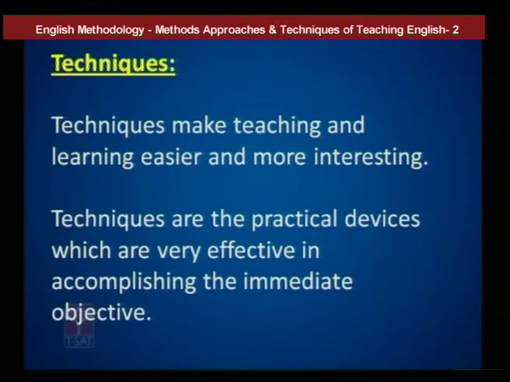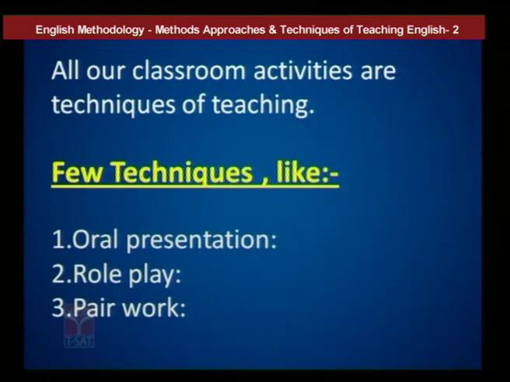We can follow certain simple techniques within our classroom teaching or activity. All our classroom activities are techniques of teaching.